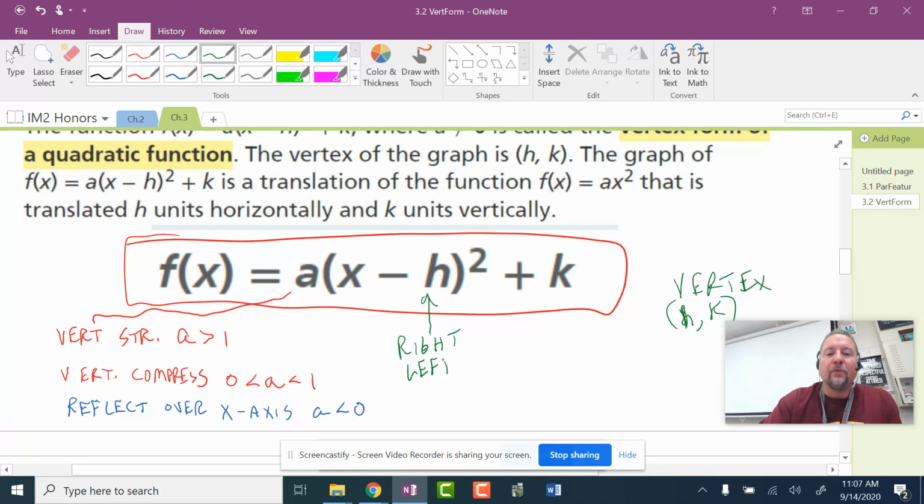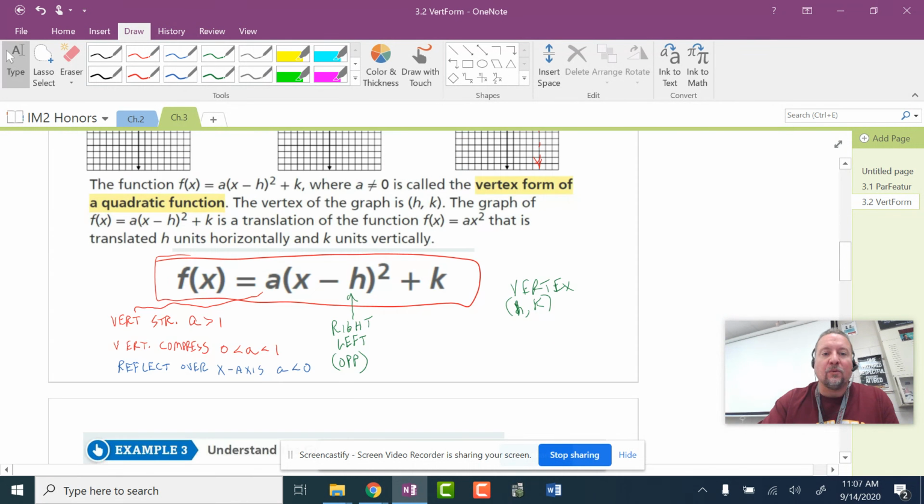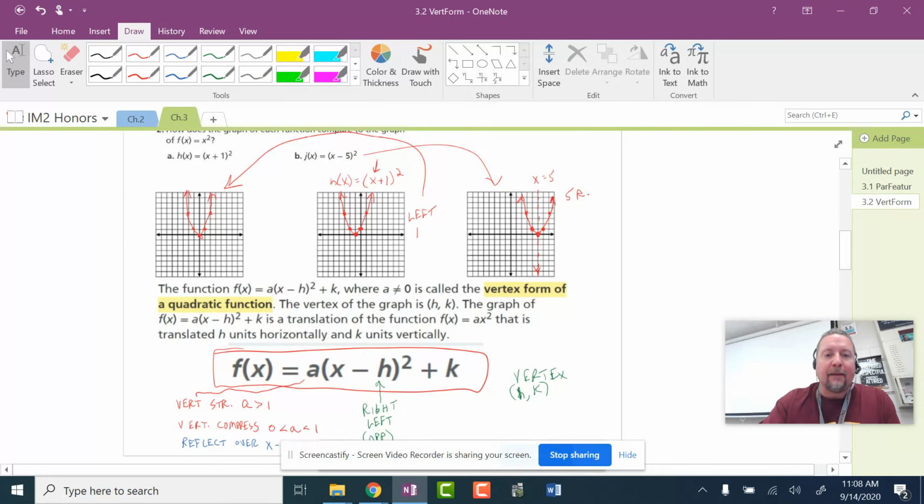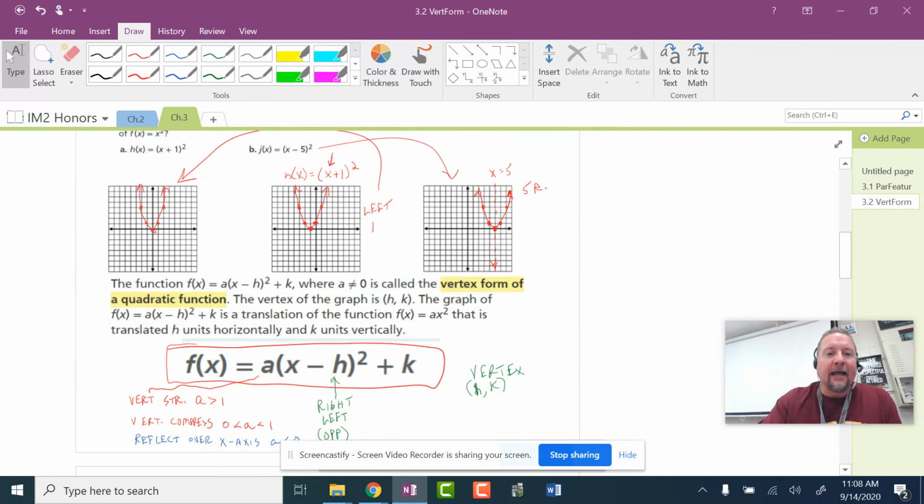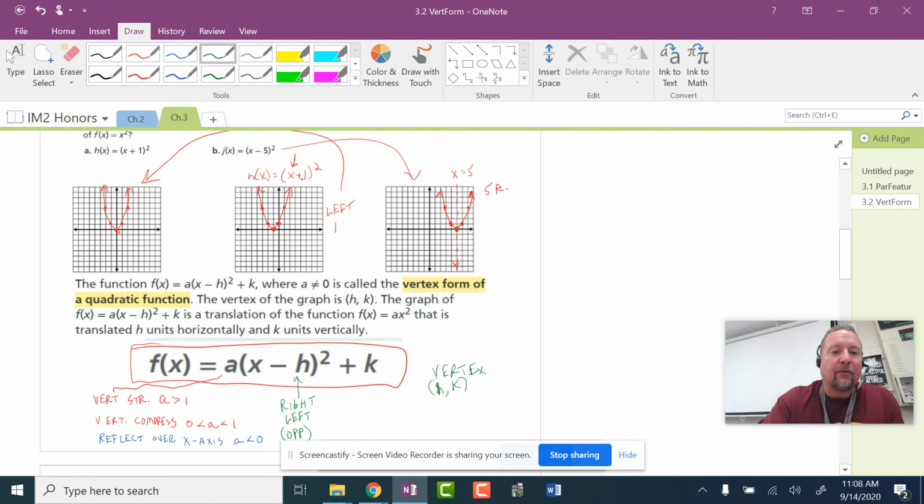Now it's weird. I'm going to put the words below it that you want to think opposite. Look at what happened up here. This goes against my brain. When you had x plus 1 on the inside of the parentheses squared, it went 1 left. Plus 1 feels like it should go right, since positive is a right move. So I always tell my students, think opposite of what should happen there.